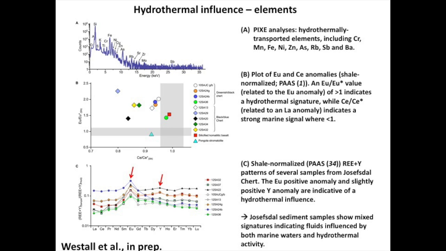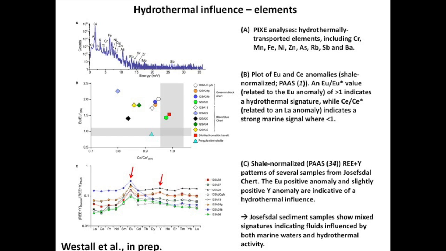We find a peak of europium and a slight peak of yttrium, which are typical signatures of fluids coming from hydrothermal environments. Again, this is proton-induced X-ray emission spectrum. In fact, the previous diagram came from PIXE analyses. And the types of elements that we're picking up also indicate that there's been some hydrothermal influence.